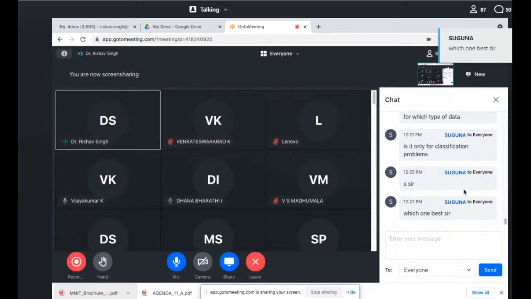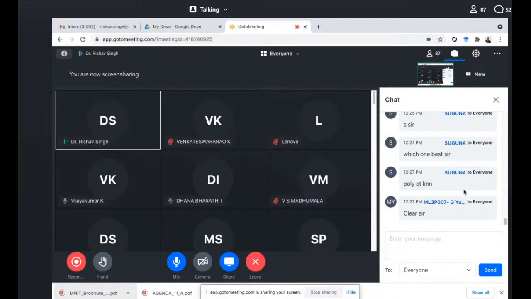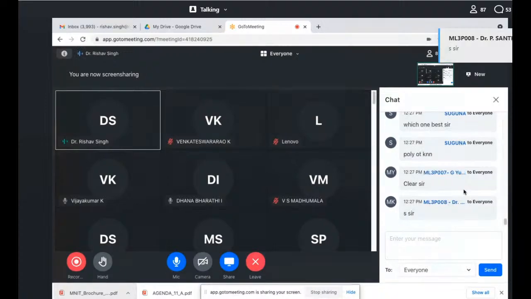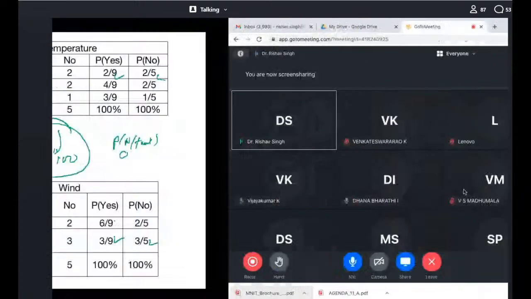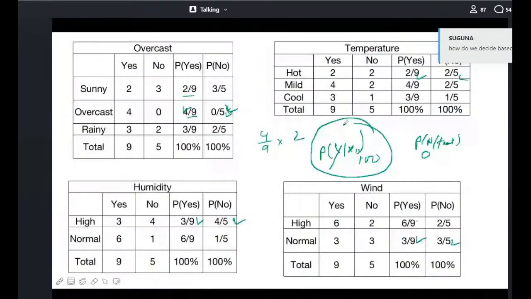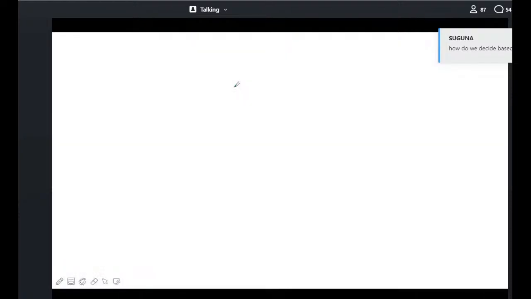Sugna, we cannot just determine and say whether a particular algorithm like KNN, naive Bayes and so on is good or bad. It completely depends upon the data. When the properties of the data change, your classification will change. For example, KNN is not suitable for data like this one, the cancerous data.